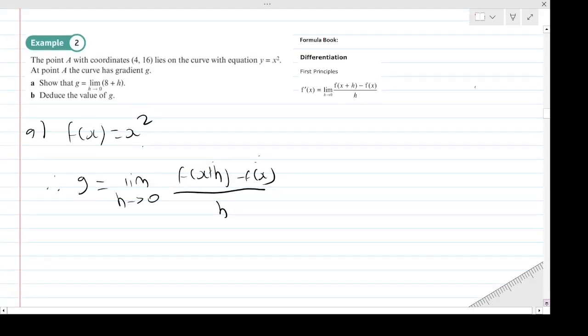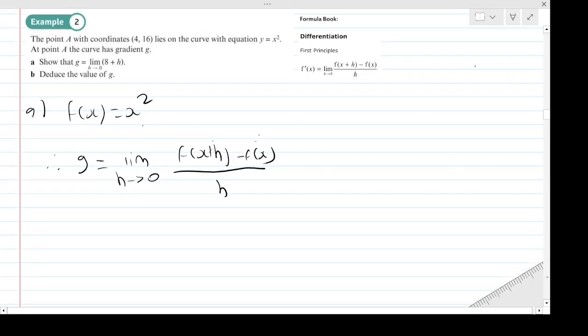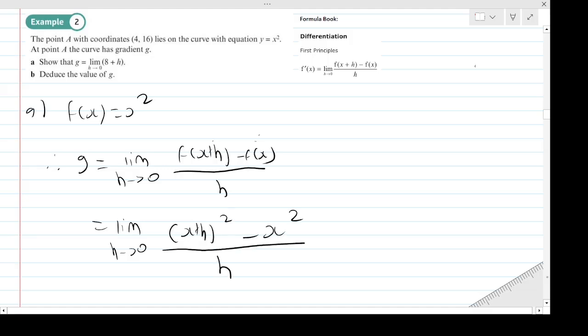We know our function is f of x equals x squared. So for f of x plus h, my input is not x, it's x plus h. If I put in x plus h in place of x, it will be x plus h squared, not x squared. Then take away f of x, which is just x squared, all divided by h.